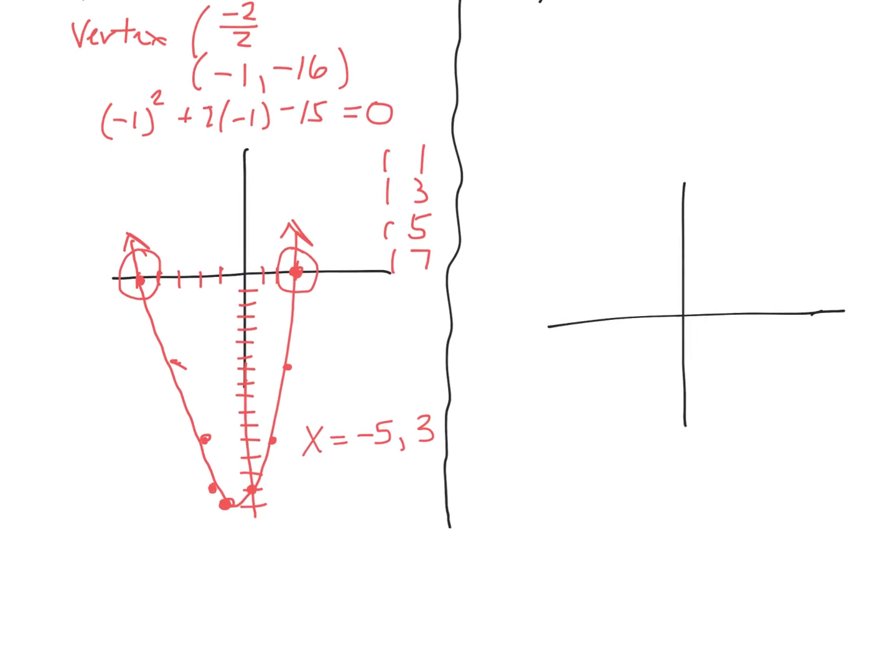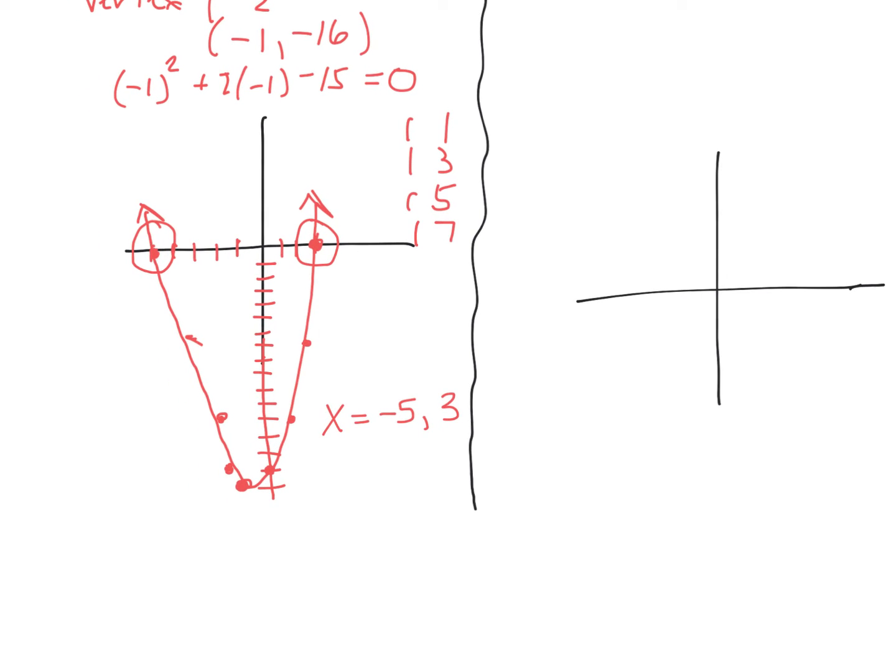Now we'll talk about this a little bit in the next lesson, but if negative 5 is a root, that means x plus 5 would be a factor, and if positive 3 is a root, then x minus 3 would be a factor. And then we're going to talk about the FOIL method.